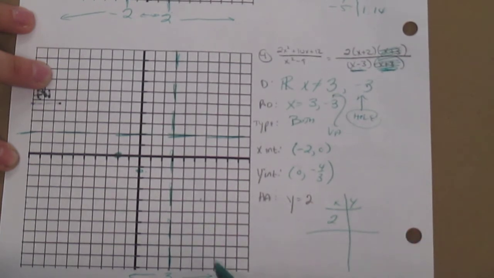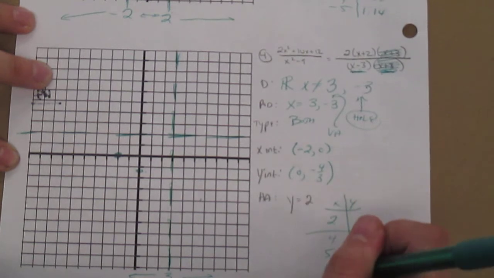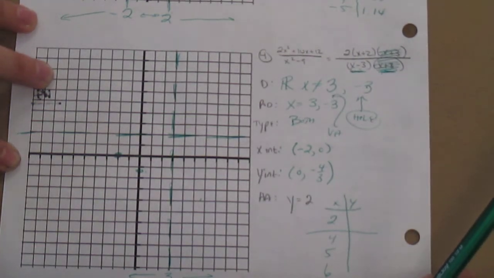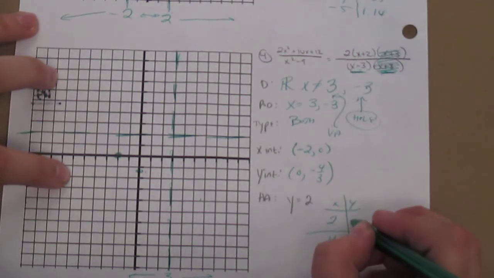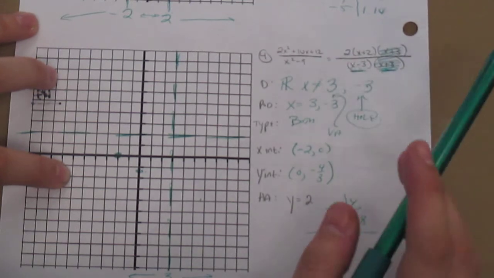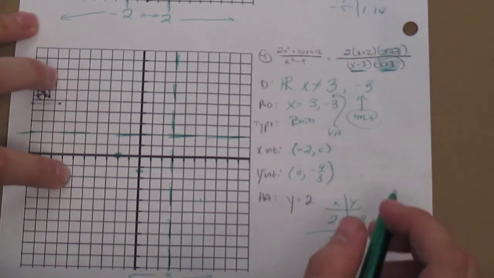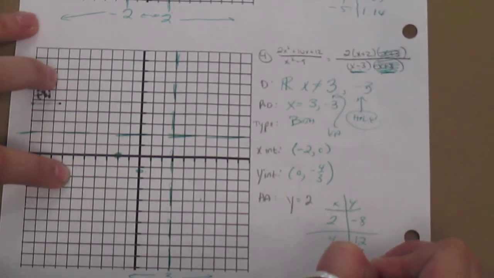Then to the right of 3 is going to be 4, 5, and 6. Okay, so when I plug in 2, I get -8. Make sure you're plugging it into all the x's. Okay, so I got -8. When I plug in 4, I got 12, 5, I got 7, and 6, I got 5.3, or 5 1/3.